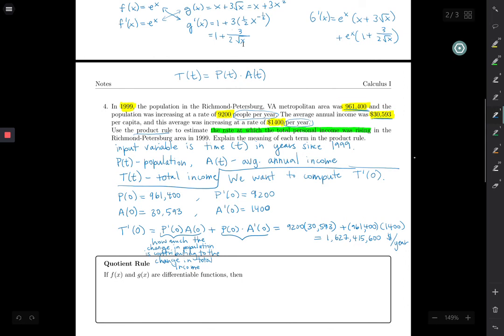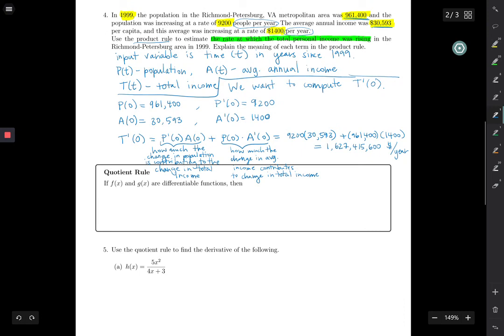So this is how much the change in average income contributes to the change in total income. Right? Okay.